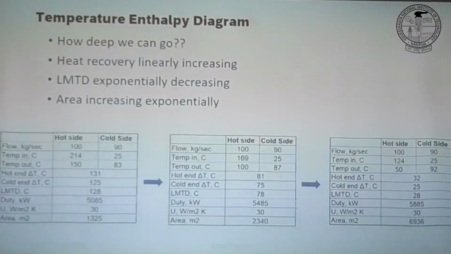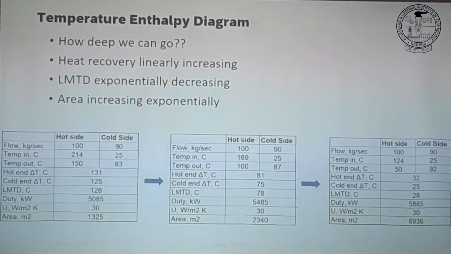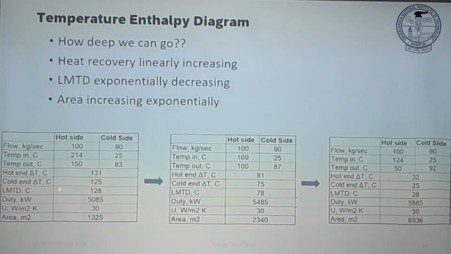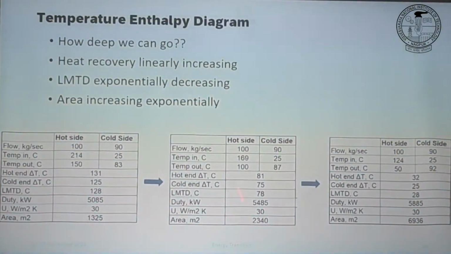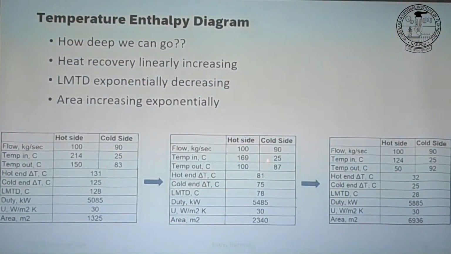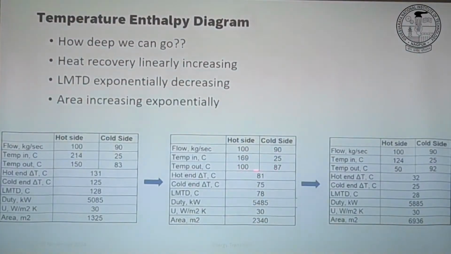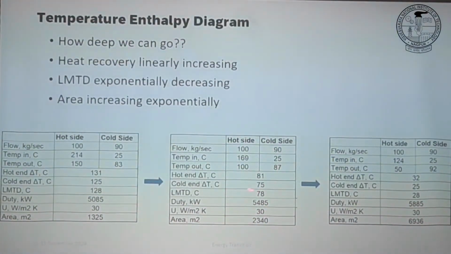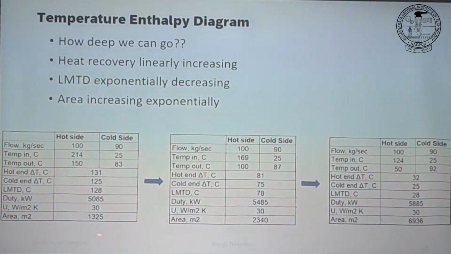For here, we are somewhere around 130, 125. So LMTD is 128. So people work with LMTDs. We'll see once again in coming slides, but for such an application, an LMTD of 50 would be optimal.